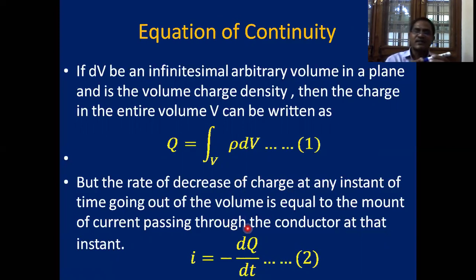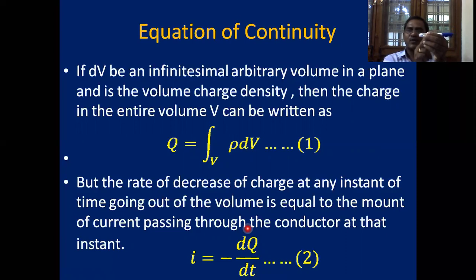So how do we understand this? This is a conductor, and in it I am considering a small volume element. Here the amount of charge coming out from this volume is equal to the amount of charge entering into the volume. So here charge is neither created nor destroyed.